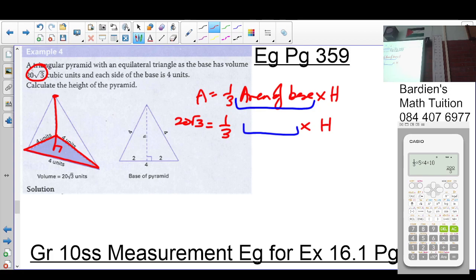Sorry? No. Here it says as a volume of that here.